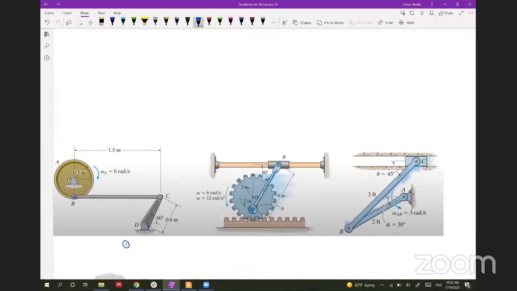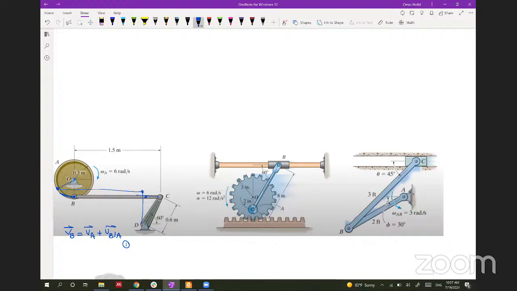The point B cannot slip because it's attached to the body here. And if this makes an omega, this body will be here and C will move maybe to something there. So there is no slipping here and we can apply the equation that VB is equal to V at A plus VB with respect to A, assuming this is point A.